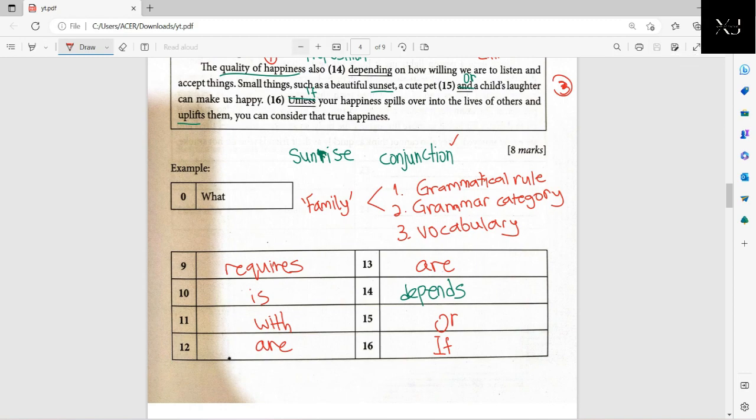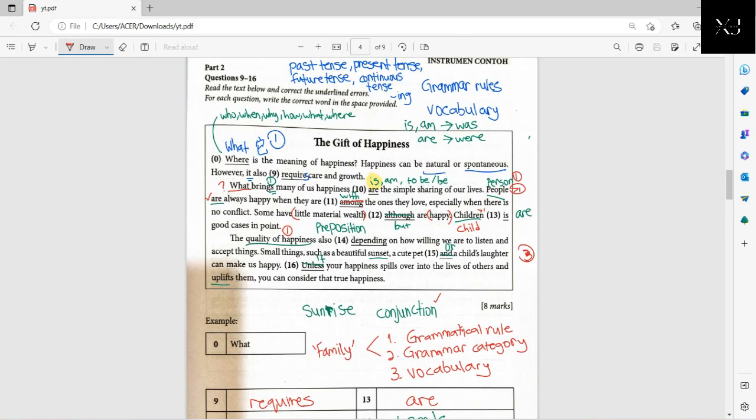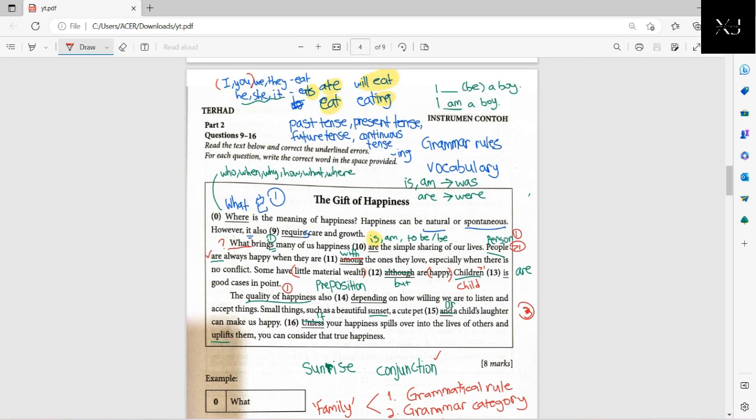Alright, so that is the end of part 2. Again, a very, very quick video, very simple, very easy. Remember the words that I just said. You need to know the grammatical rule and the grammatical category. And lastly, which words are vocabulary and which words are grammar in order to achieve success in answering all the questions correctly for part 2.